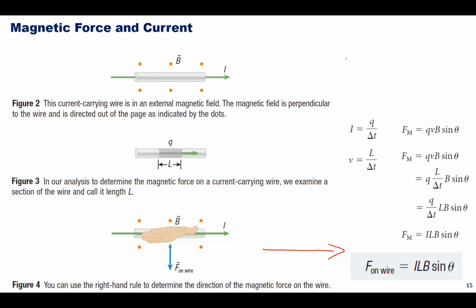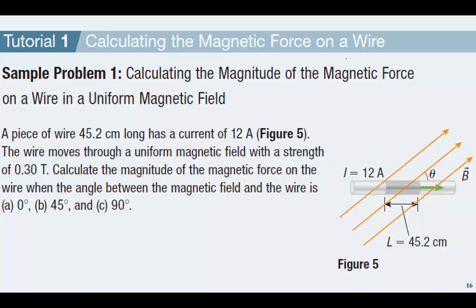Okay. All right, if no questions, let's have a look at a sample problem in which we'll calculate the magnetic force on a current carrying wire in a magnetic field. So here, consider a piece of wire which is 45.2 centimeter long, has a current of 12 amperes, which is shown here in figure 5.